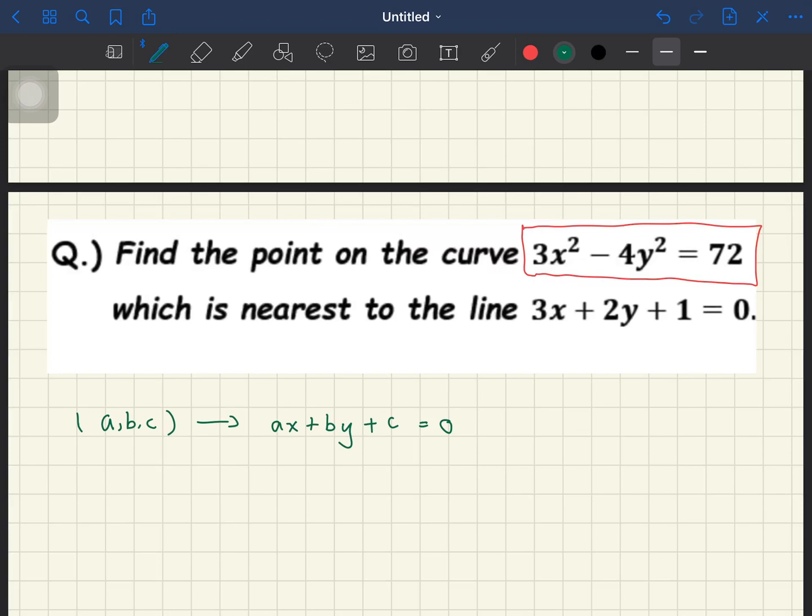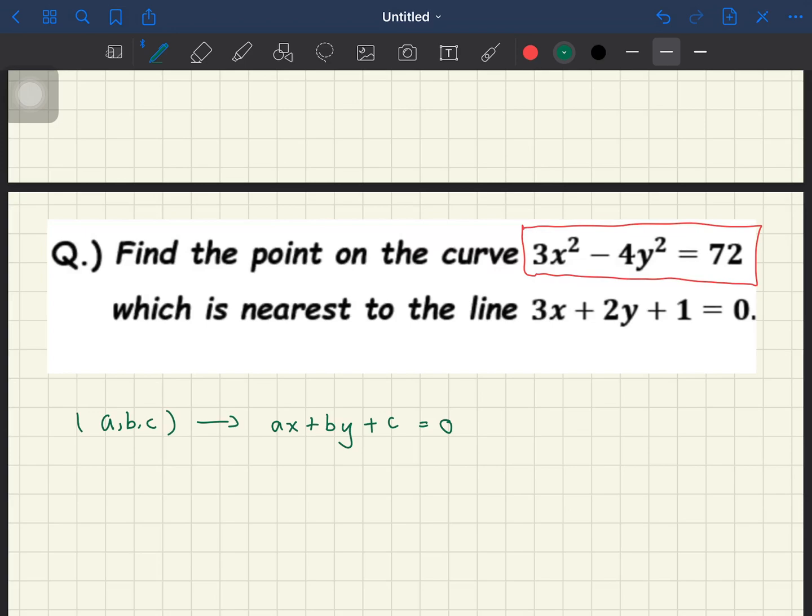As you know, according to our mathematical rule of thumb, if you want to find the nearest point to that straight line, or the shortest distance between the point on the curve and the line, you must have a line which is orthogonal to the line, which is the perpendicular distance between the point on the curve and the point on the line.